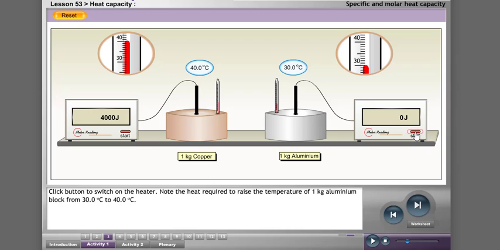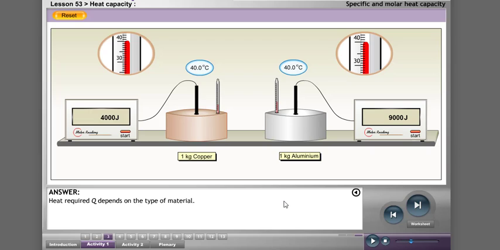Note the heat required to raise the temperature of 1 kilogram aluminum block from 30.0 degrees Celsius to 40.0 degrees Celsius. What do you deduce about Q, the heat required to produce the same increase in temperature for different materials of the same mass? Answer: heat required Q depends on the type of material.